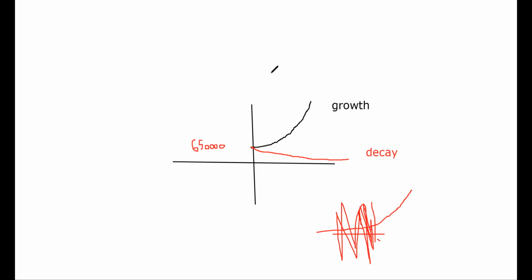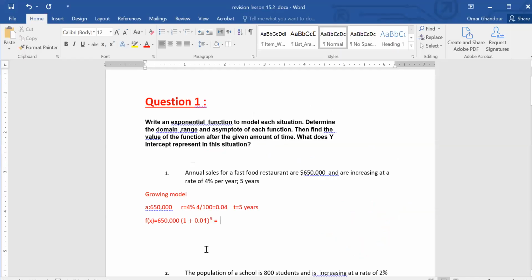Very well. So let's write this. Using the graph which we graphed, the domain is all positive real numbers.